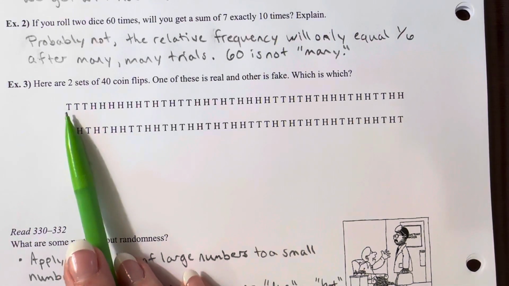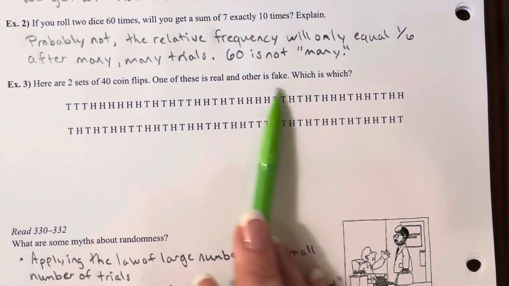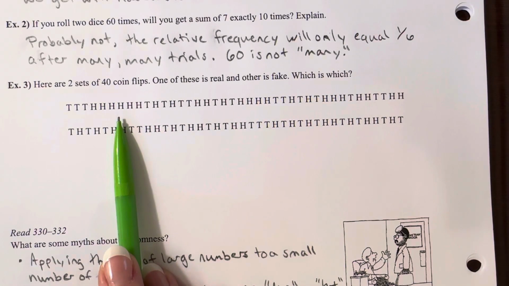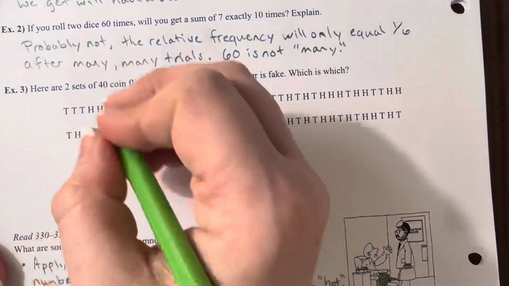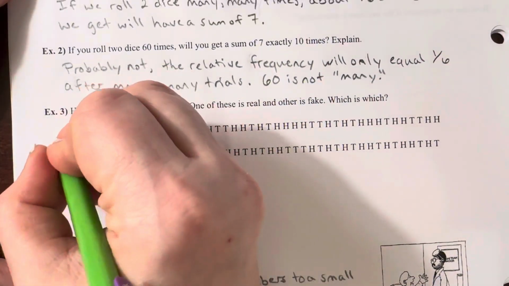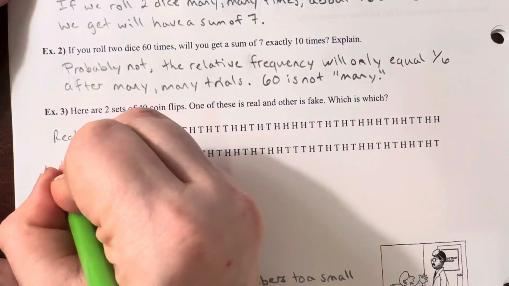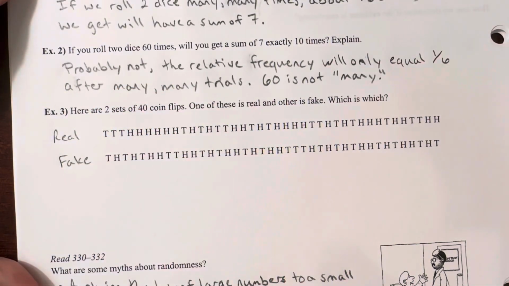Right? But randomness is lumpy. That's why we can't trust short run probability. We can only look at long run relative frequency. Right? So, real, fake.